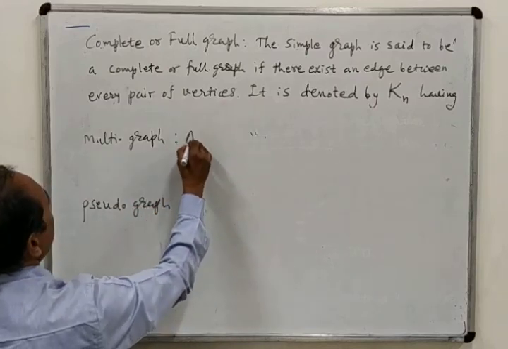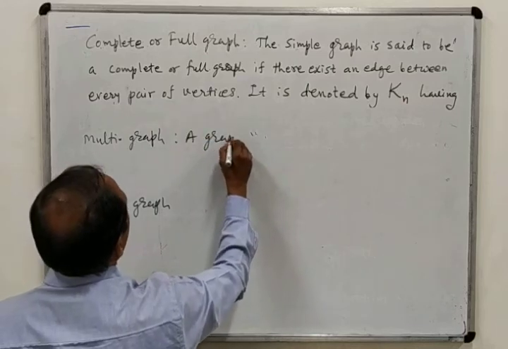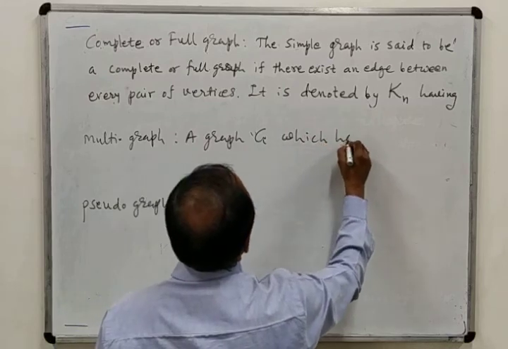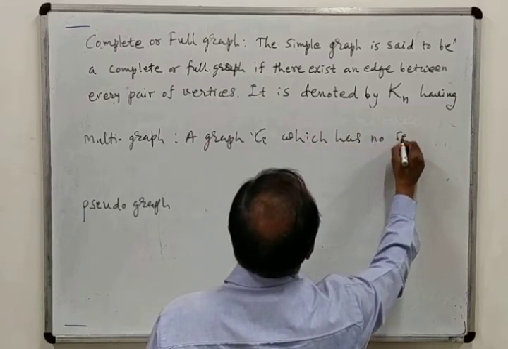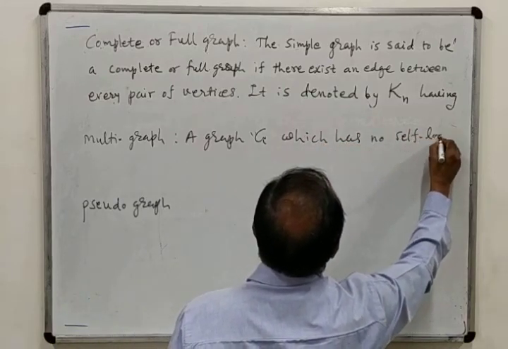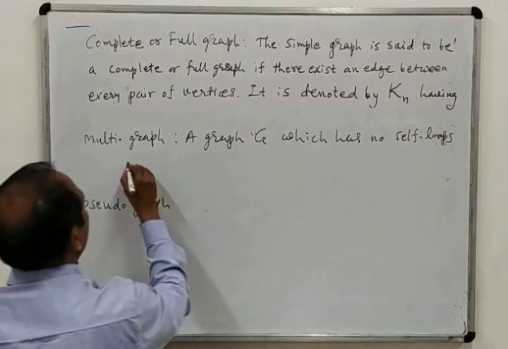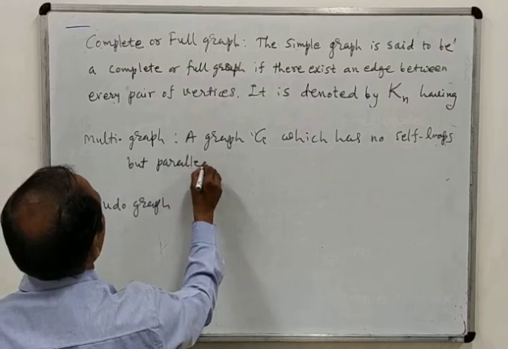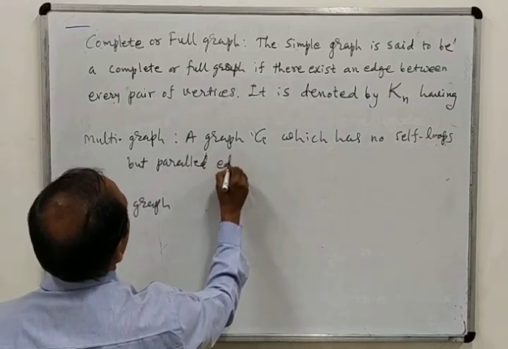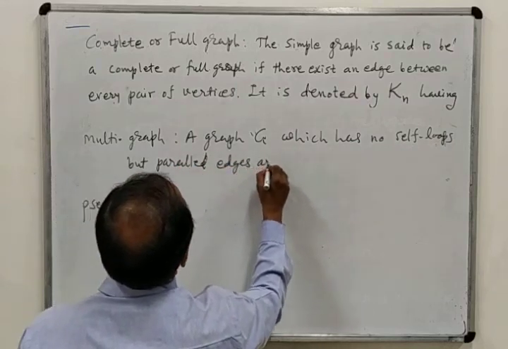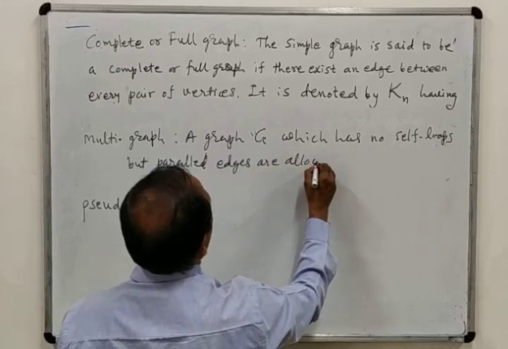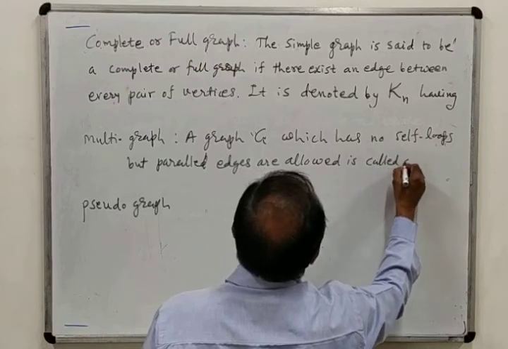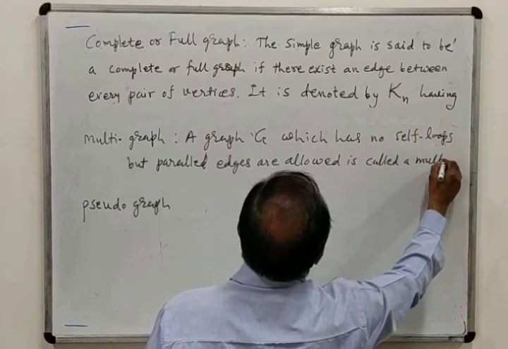A multigraph means a graph G which has no self loop but parallel edges are allowed. Such a graph is called a multigraph.